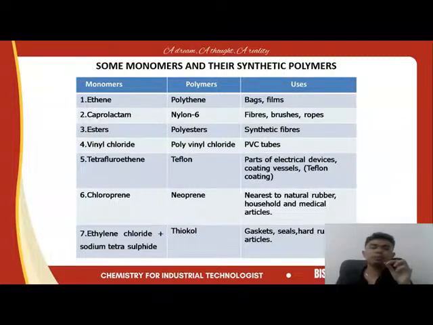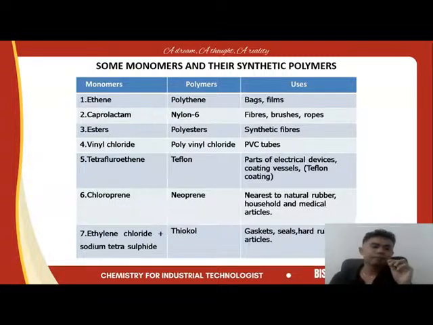The monomer vinyl chloride forms PVC. I know you are familiar with PVC. You use it for the pipes at your houses. So vinyl chloride creates the polymer PVC, or polyvinyl chloride, and its use is for PVC tubes.